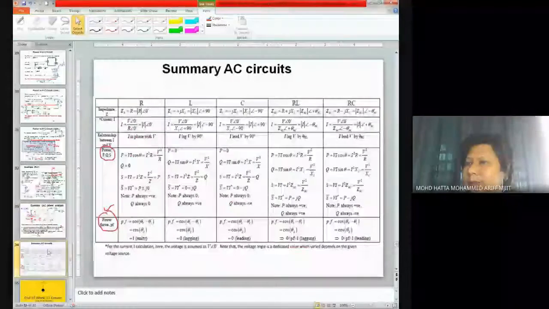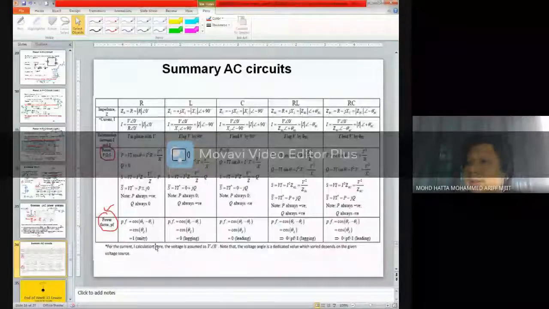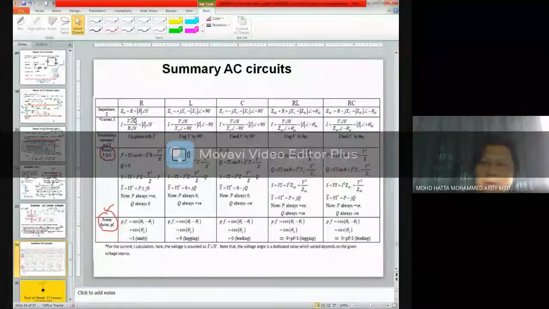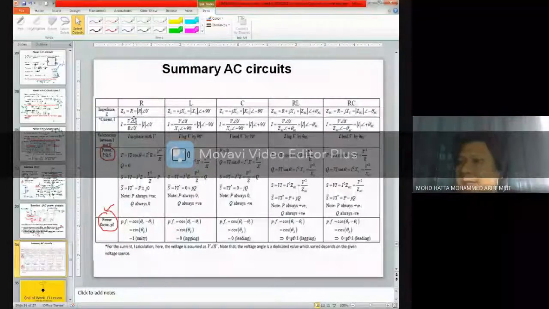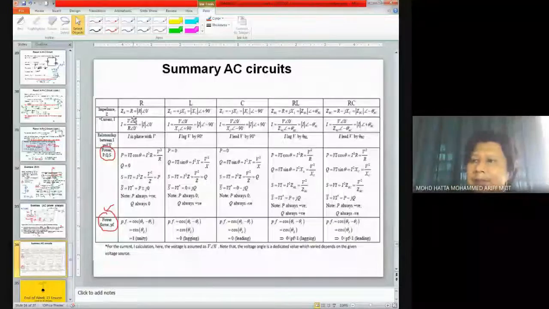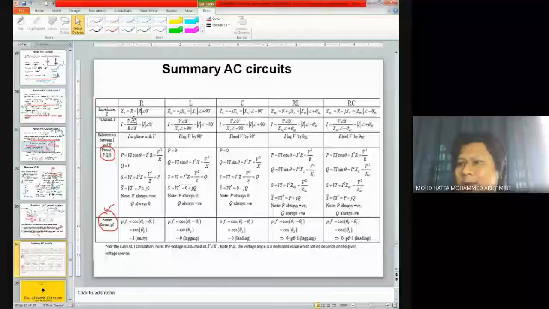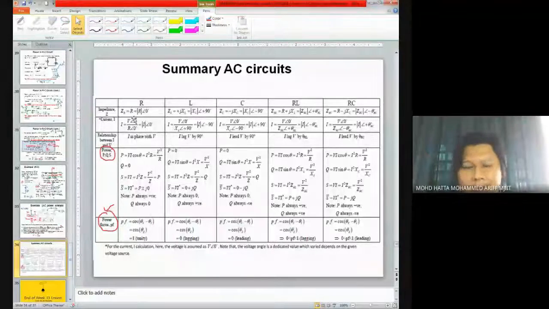Now, as for summary, you can have a look at the summary that I have over here. This is the characteristic, the way we calculate our quantities in AC circuit in terms of its impedance, current, as well as the relationship between voltage and current.